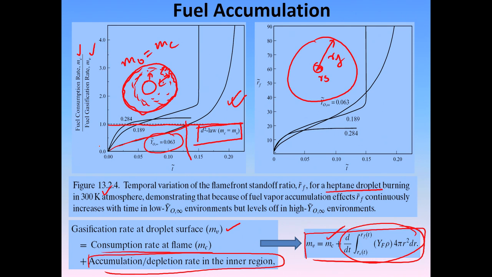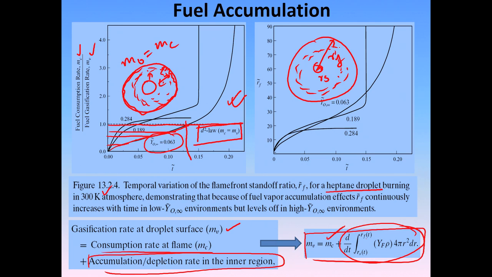The consumption rate is only a very small fraction. If you look at these horizontal lines, they are only a small fraction of the gasification rate. That would imply that there is a lot of fuel which is basically accumulated in that inner region. Got it?